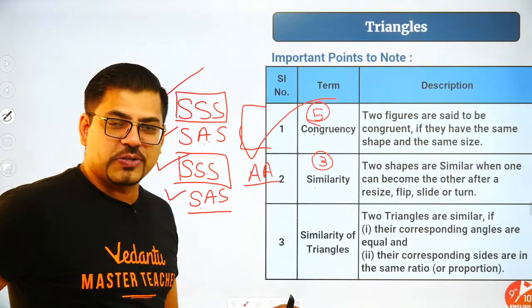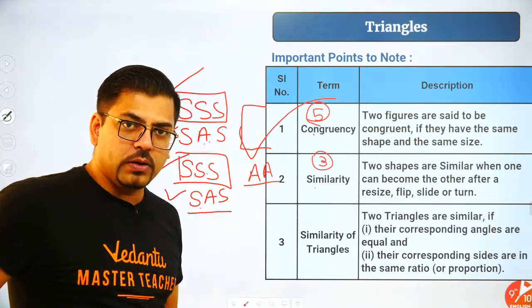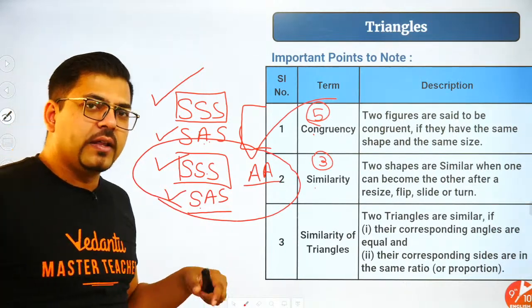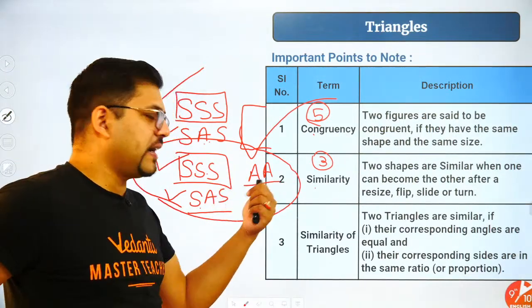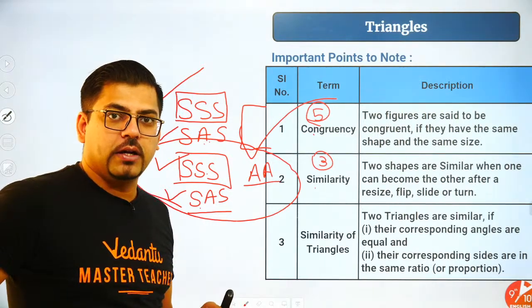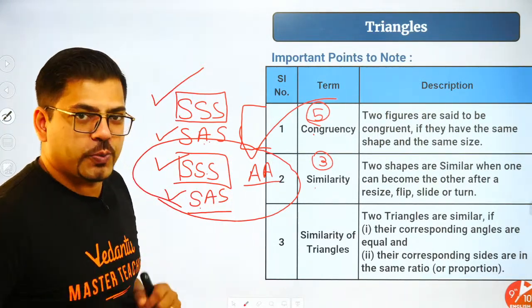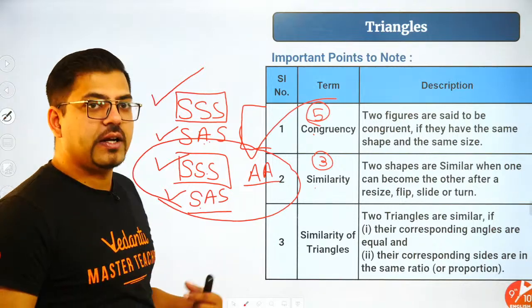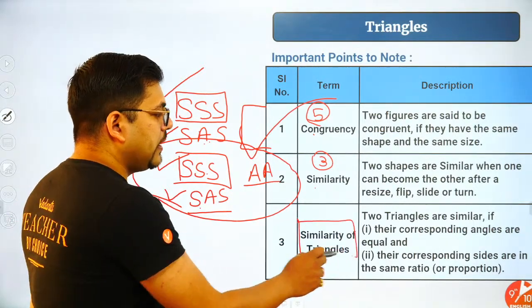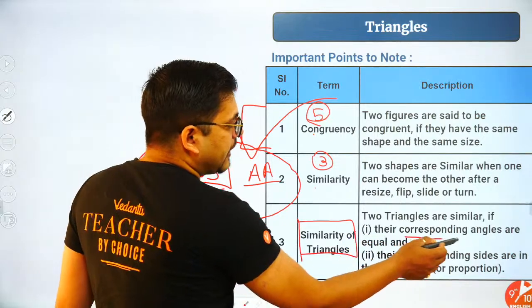So I hope you all understood similarity. Now, these are the conditions for similarity. Whenever these conditions are satisfied, two triangles are called similar. But always remember that the vice versa is also true. It means if the triangles are already given as similar, then their corresponding angles would be equal.